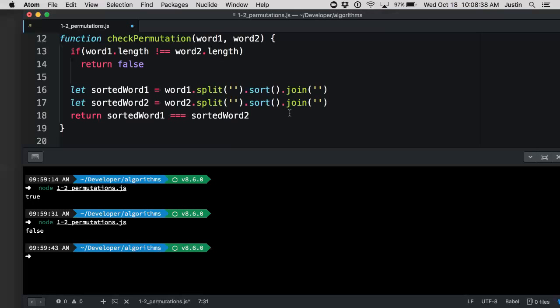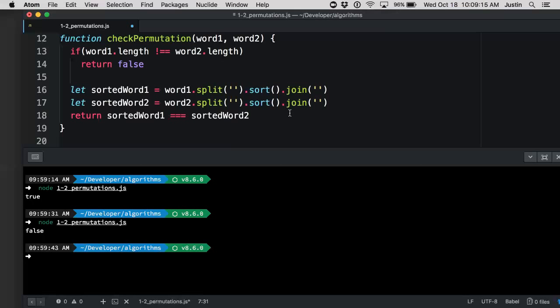The question is, and you might want to talk with your interviewer about this, or they might ask you specifically, what's the time complexity of this function as a whole? Do we care about the time it takes to create the memory for split and join? Well, actually, I take that back. What are you thinking about with that?